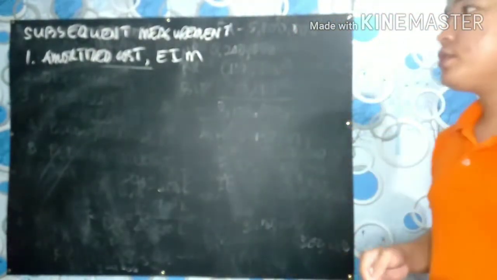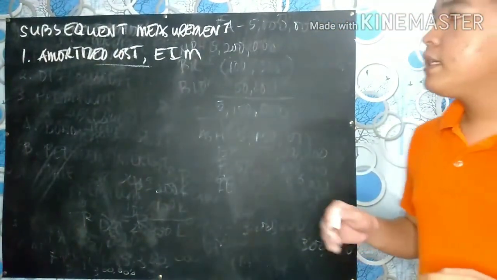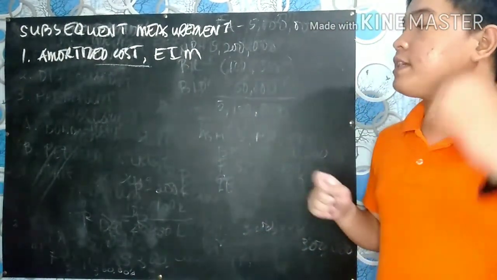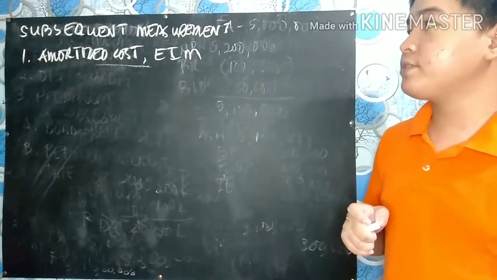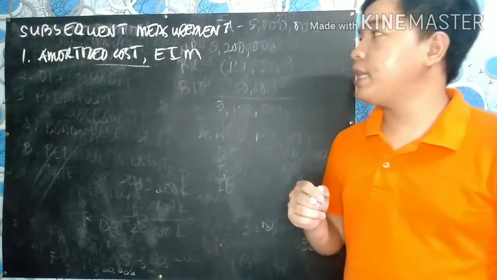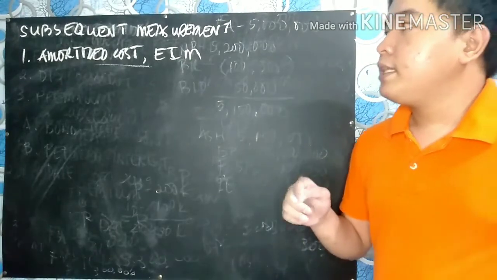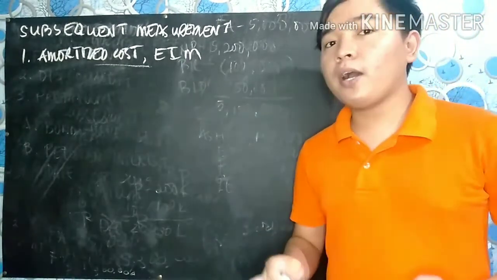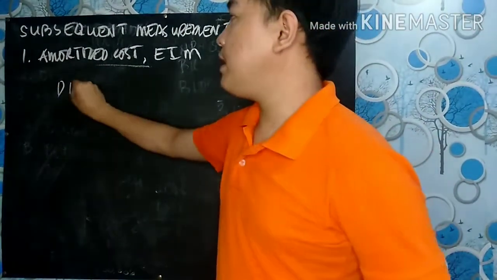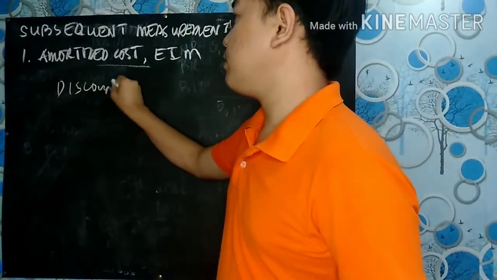Okay po? So, kapag amortized cost, effective interest method, yun po yung nire-require ng standard. So, paano ba yung magiging example natin dito? Let's say, nag-issue po tayo ng bonds at a discount.